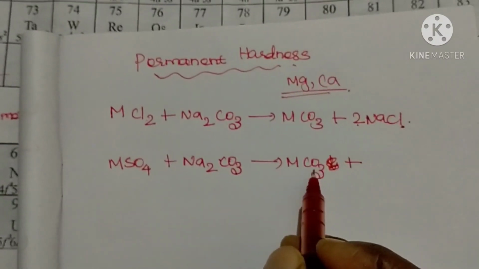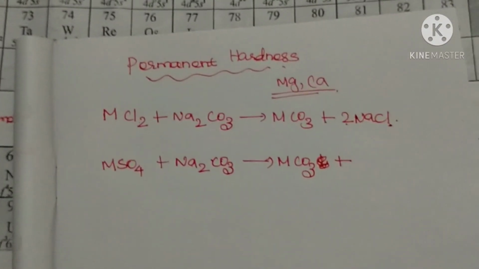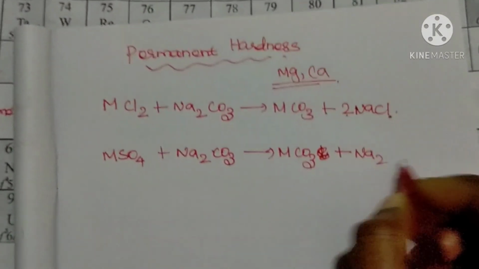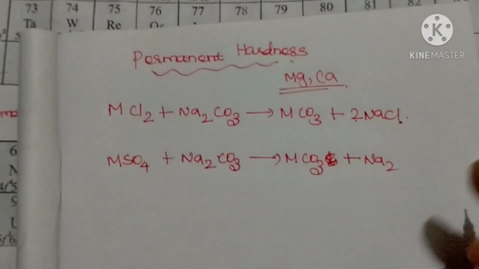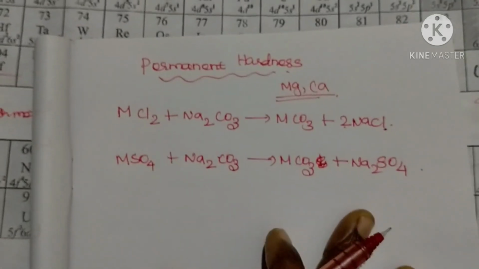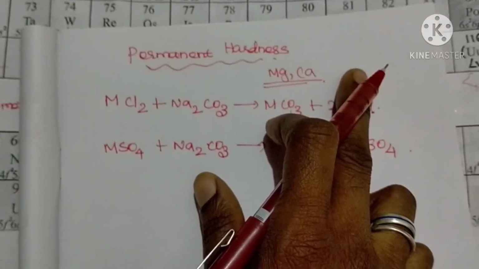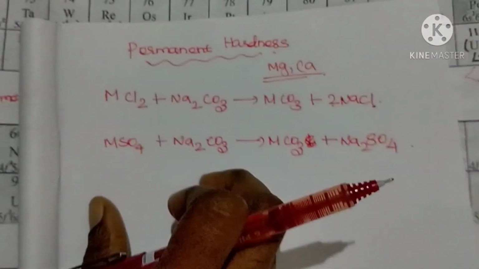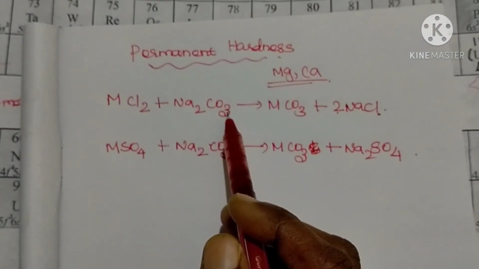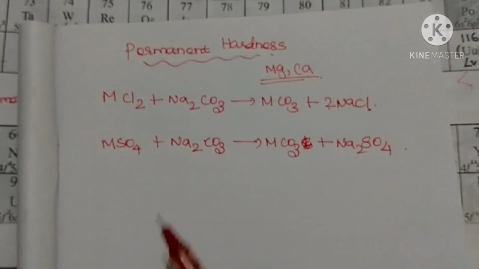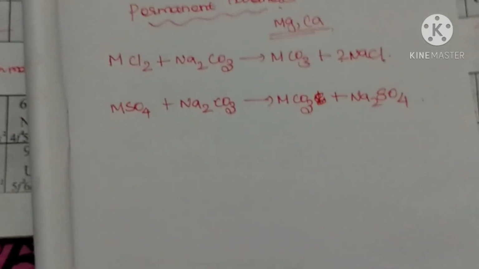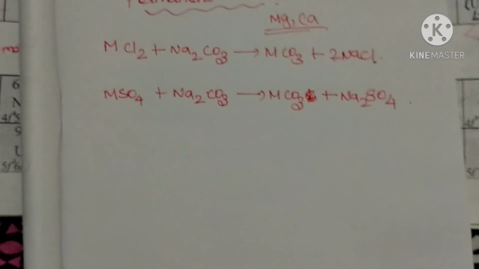The product of this reaction is also the metal carbonate, it may be magnesium carbonate or calcium carbonate, and the byproduct of this reaction is Na2SO4. Now the permanent hardness of hard water is removed by adding Na2CO3, that means washing soda.